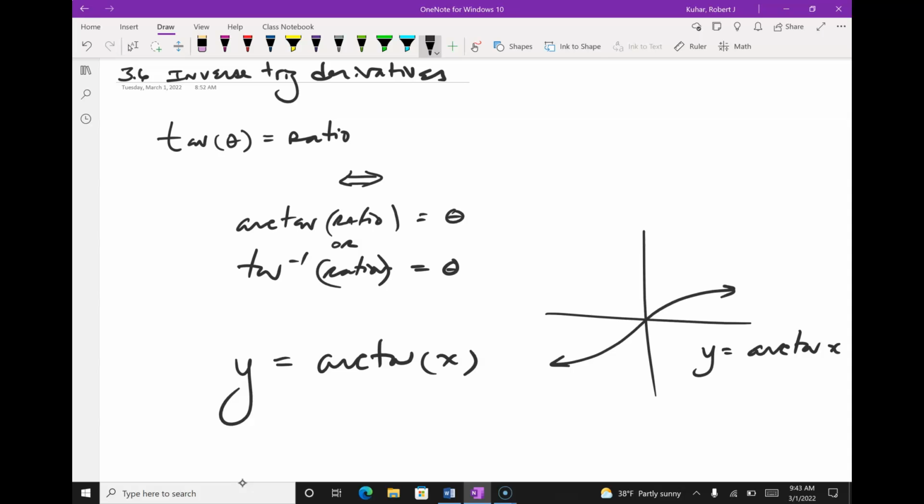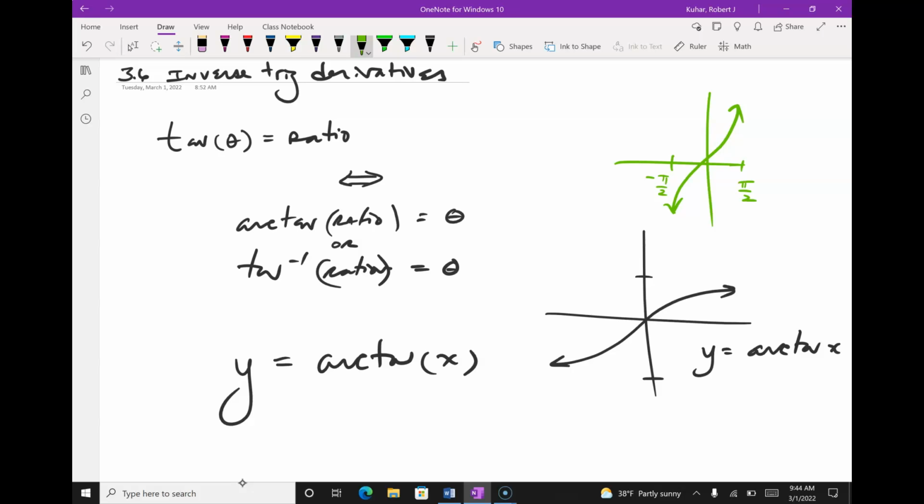There is a horizontal asymptote, yes. Of what? Where does tangent have trouble? At negative pi over 2 and pi over 2, right?